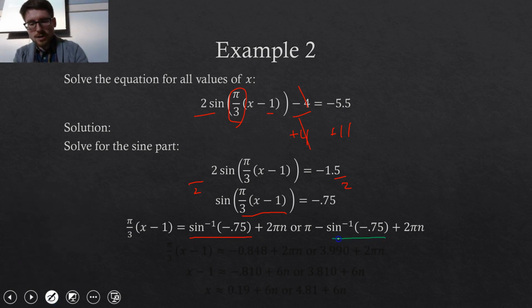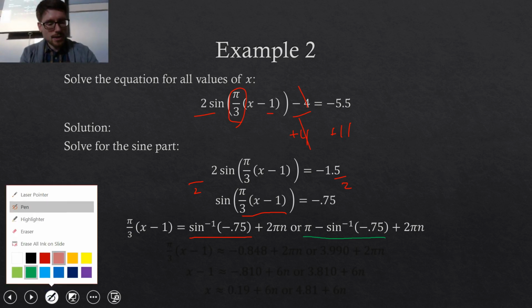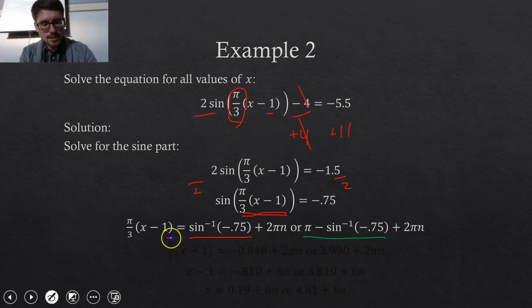And this one over here is the supplement, pi minus that one. And then we have all the extra ones that arise from adding on periods. So we have all these infinite answers that pop out. The first one being sine inverse, the second one being the supplement, pi minus sine inverse, and then multiples of 2 pi added. On the left-hand side, we have the interior, what we started with: pi over 3 times x minus 1.